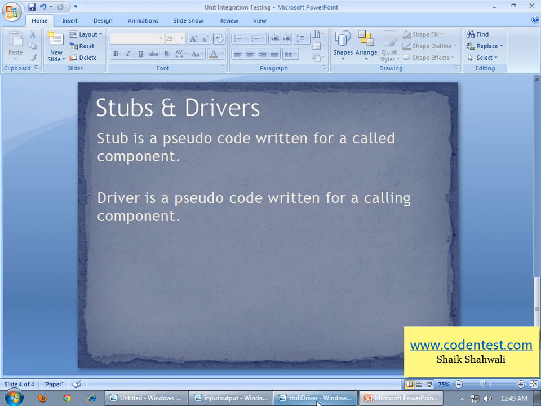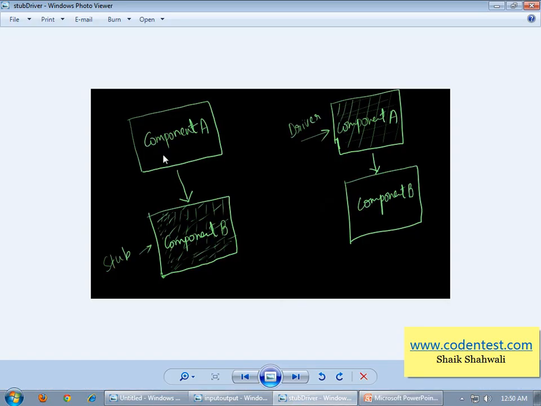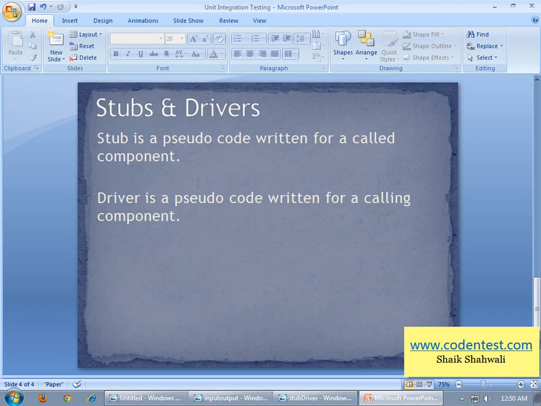For example, here we have to test these two components, component A and component B, but component B is not developed. So what do we do then? In such situations we introduce stubs and drivers.